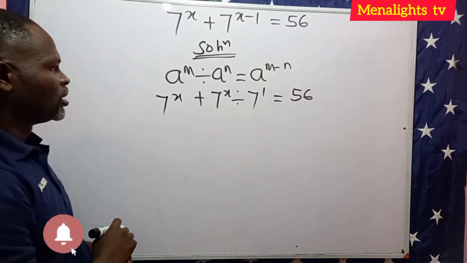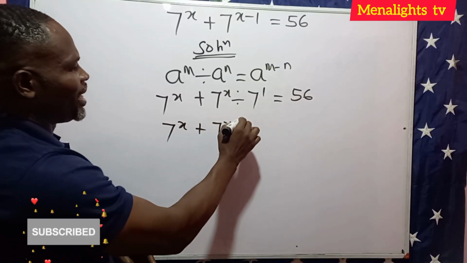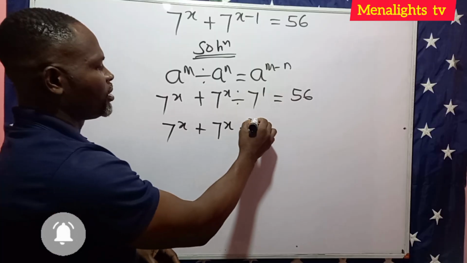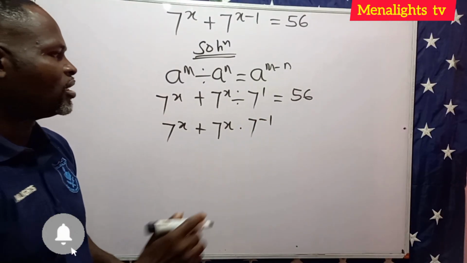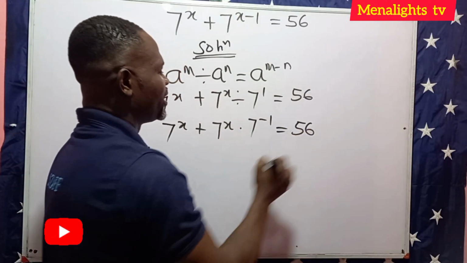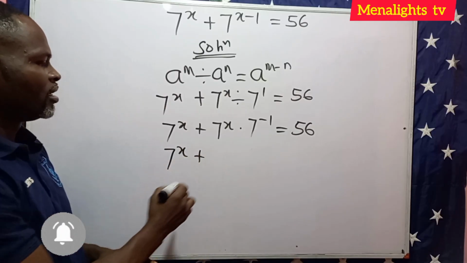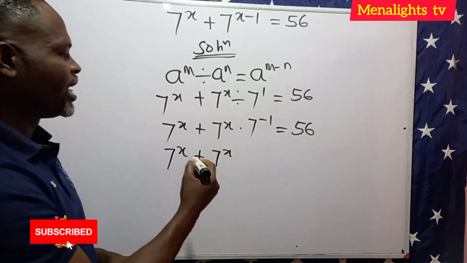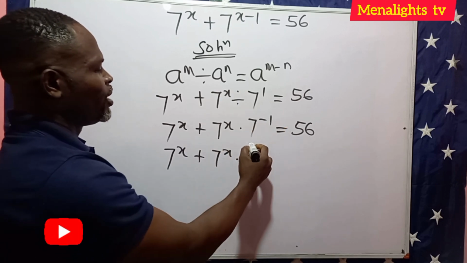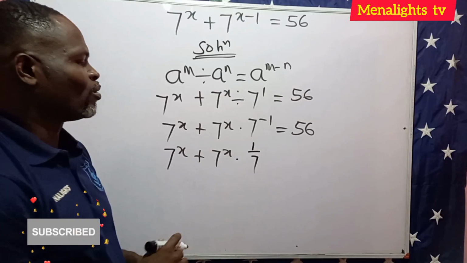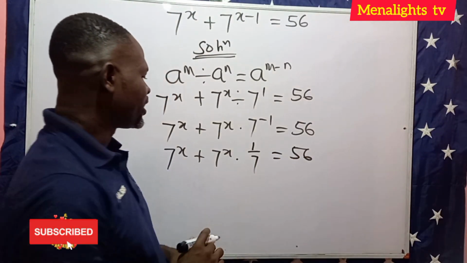which is the same as 56. So we can rewrite this as 7 exponent x plus 7 exponent x times 7 exponent negative 1, which is the same as 56. So we have 7 exponent x plus 7 exponent x multiplied by 1 over 7, which is the same as 56.